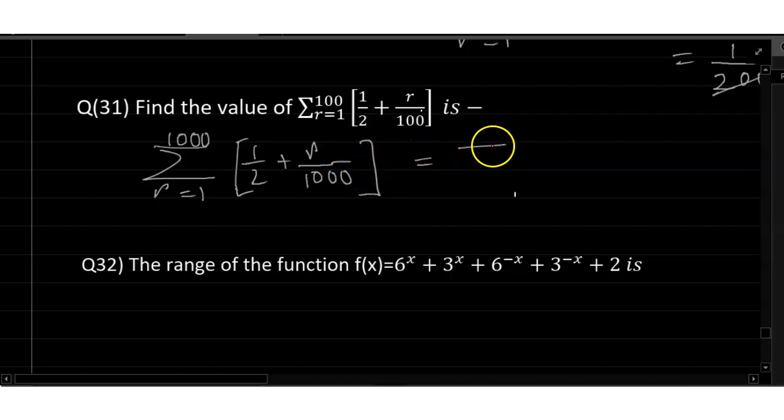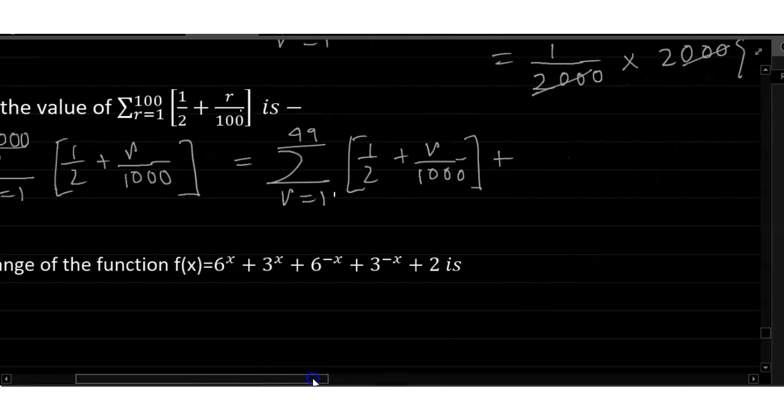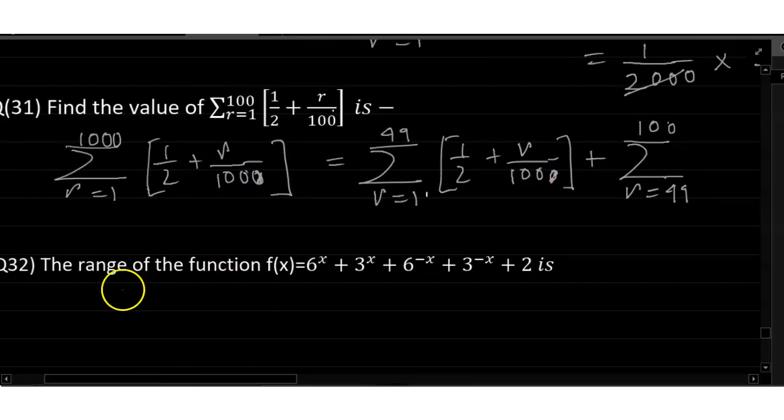It can be written into this part: summation r equals 1 to 49 of half plus r by 1000, plus summation r equals 49 divided by 100. Sorry, it is not 1000. It is 100.